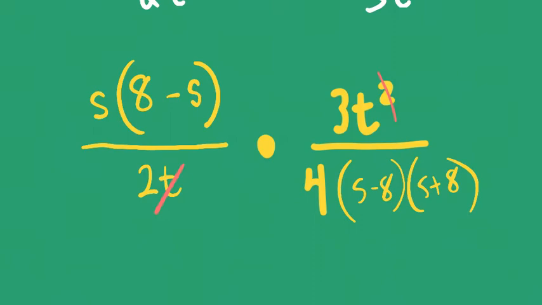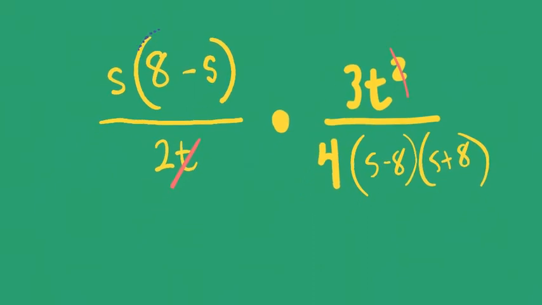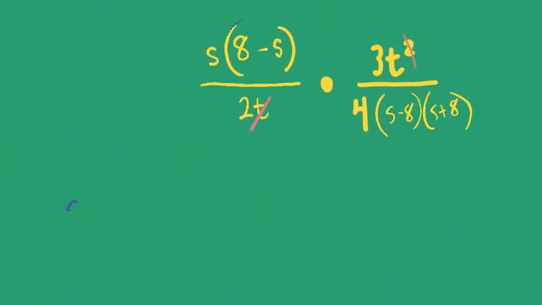Another thing, we talked about this in class, but let me write it on the side here. 8 minus s and s minus 8. They're identical except the signs are different. The 8 on top is positive. The 8 on bottom is negative. The s on top is negative.